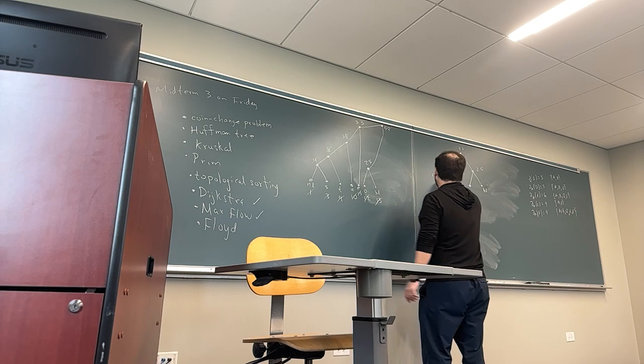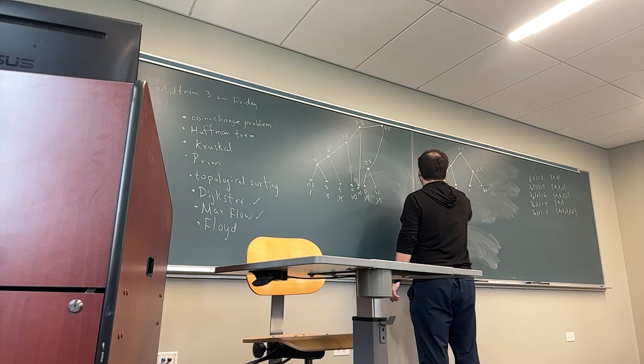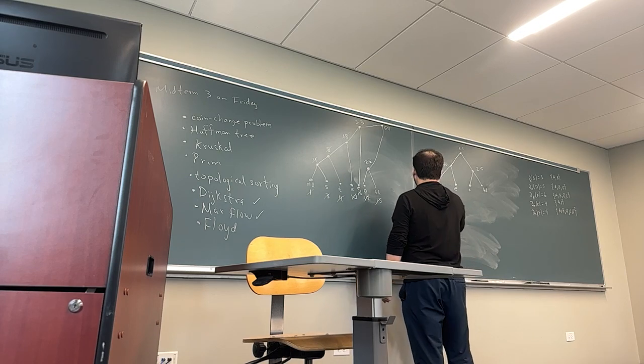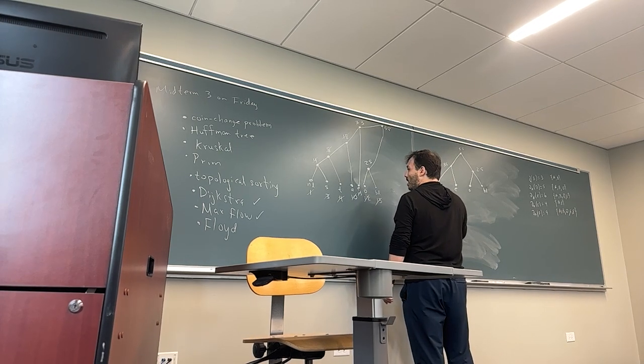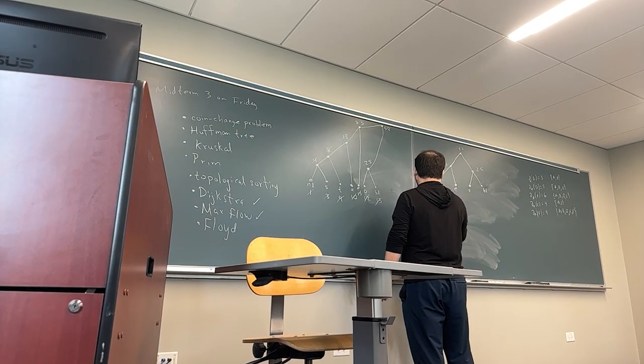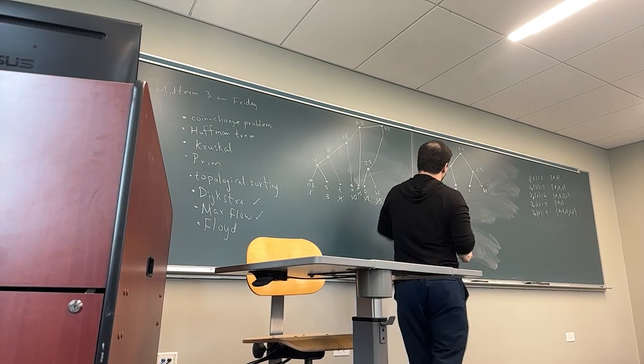The 18 breaks into 8 and T. The 8 breaks into 4 and S and NL. So you have this tree.